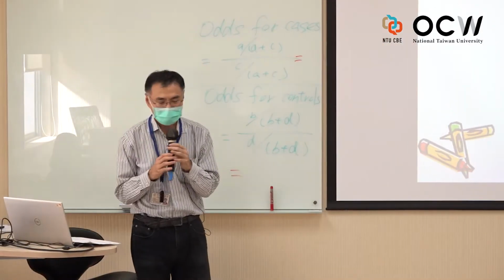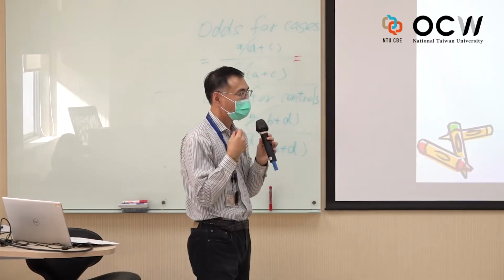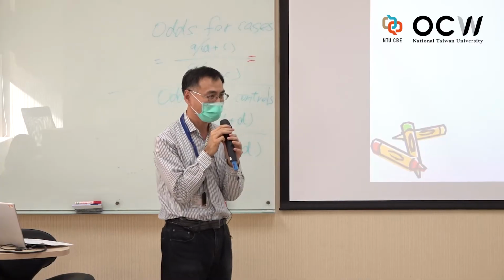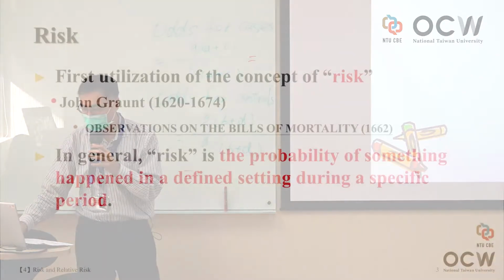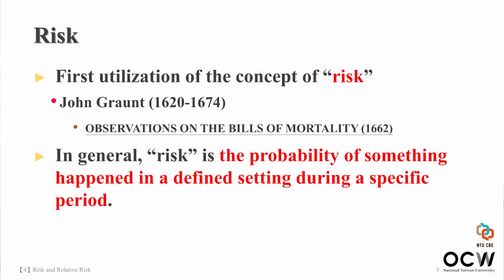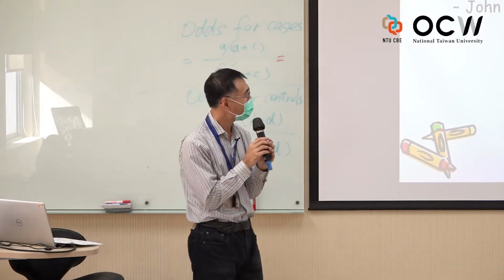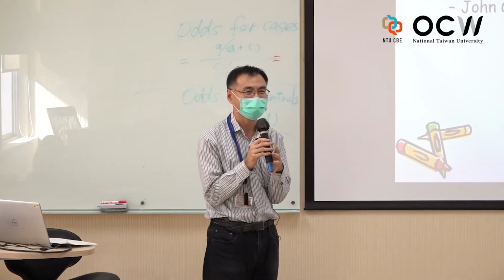Risk is not a very ancient idea to use the concept of risk for comparison. There's a very old book written by Graunt. He was born in 1620 and died in 1674. So basically, he's an old man living in the 17th century.